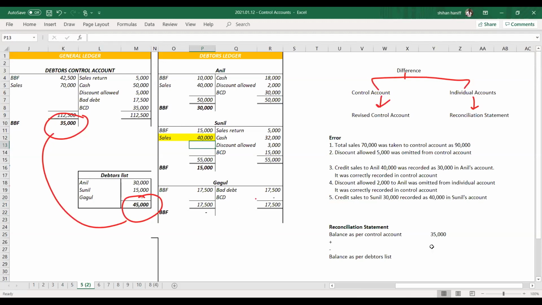Then what do you do? Plus or minus? Tell me whether it's plus or minus 10,000. If you record 40,000 in Sunil's account, the debtors ledger balance is more. If the debtors ledger balance is more, you will add.